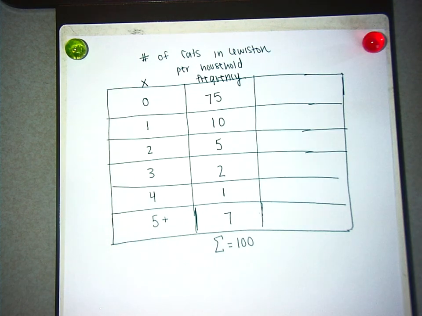If I made this list right now, I'd have to write 0 75 times. Would you guys like me to do that? No. So instead of writing 75 zeros, we could just do 0 times 75, which is zero. And instead of writing 10 ones, we could just do 1 times 10. Do you see how the multiplying column just does it faster for us?